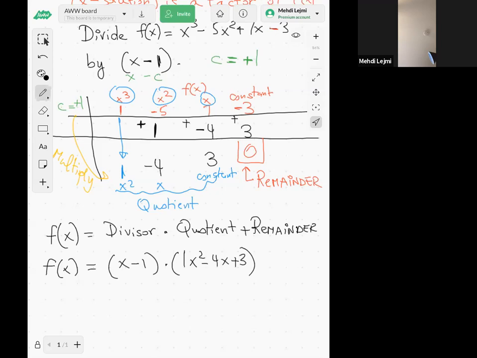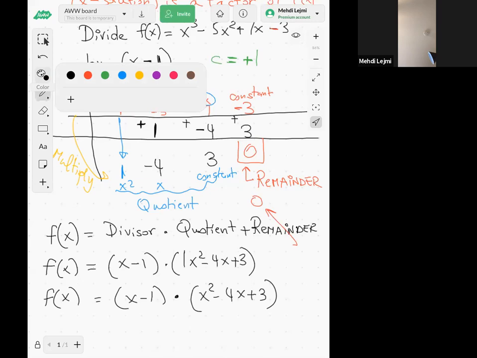And then the remainder is 0, right? So this is just 0. The remainder is 0. So here you see we got this factorization of f of x. So f of x is actually x minus 1 times x squared minus 4x plus 3. All right. Well, we have to factor f of x completely, right?